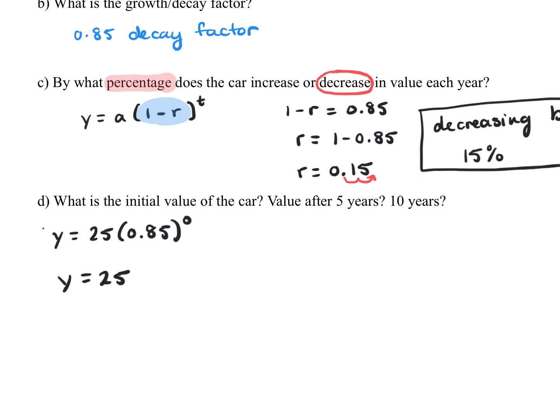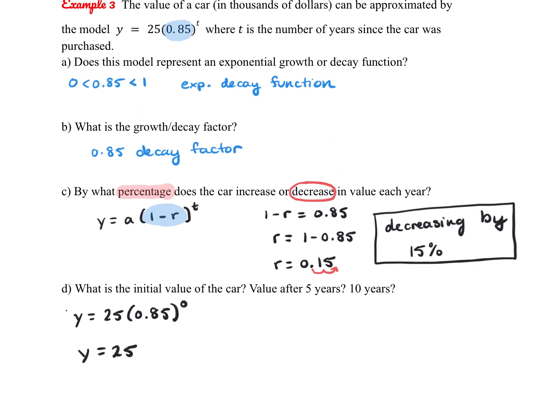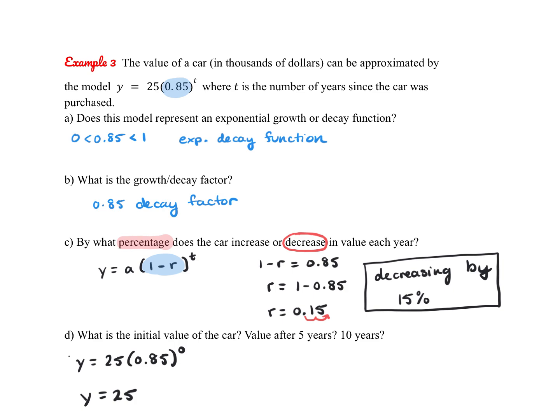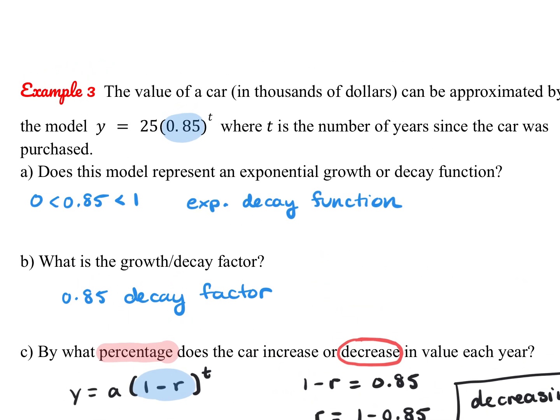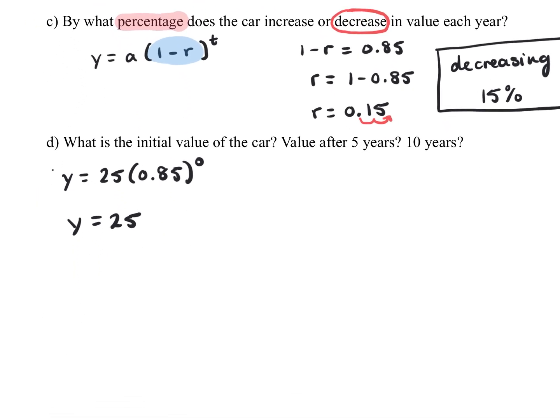Now, we know that the car is probably not just worth $25. That doesn't make a lot of sense. So if you look back at the original problem, it says that y represents the value of the car in thousands of dollars. So that means the initial value of the car is $25,000. So that's the initial value.